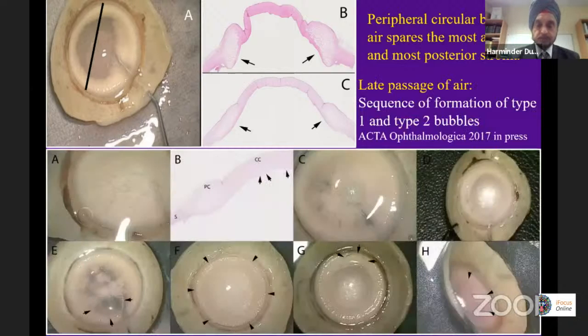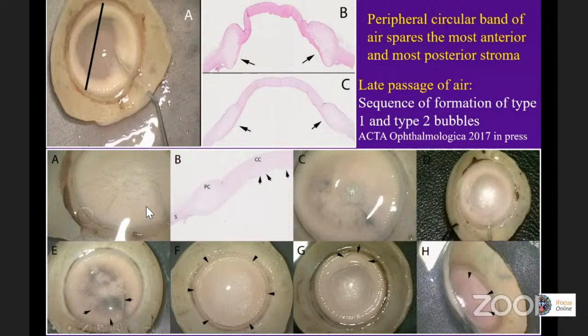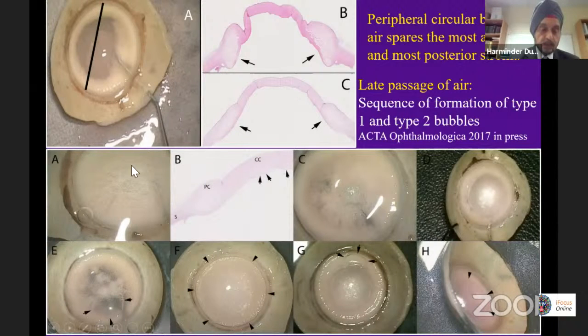And then, of course, when you look at the progression of this bubble formation, the air collects as multiple little bubbles in the center, and then they coalesce, the start of the type 1 bubble, and then the completion. And that part, as I showed you earlier, was where the circumferential movement of air occurred.